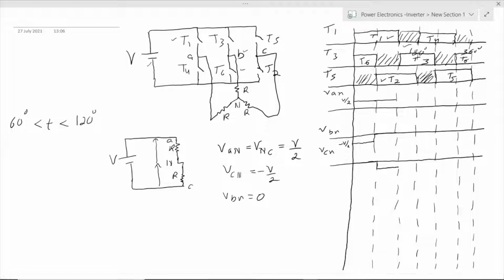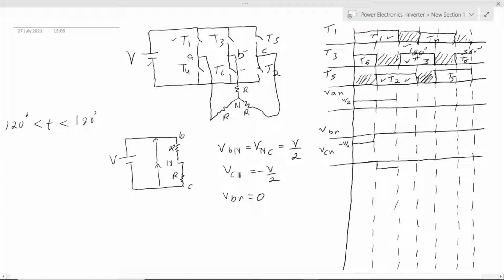Now same we can draw for 120 degree to 180 degree. From 120 degree to 180 degree, T3 is operating. T3 is B phase. So the above one will be B phase. Here we can write it is B, and T2 is still operating, so lower will be C. So here we can replace that.